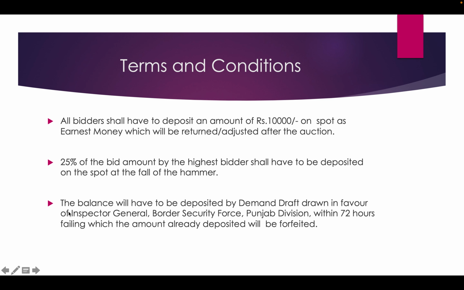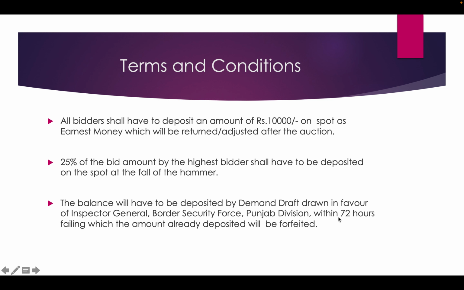The balance will have to be deposited by demand draft drawn in favor of Inspector General Border Security Force, Punjab Division within 72 hours. The balance amount, that is 75% of the amount which the bidder has still to pay, will have to be given in 72 hours.